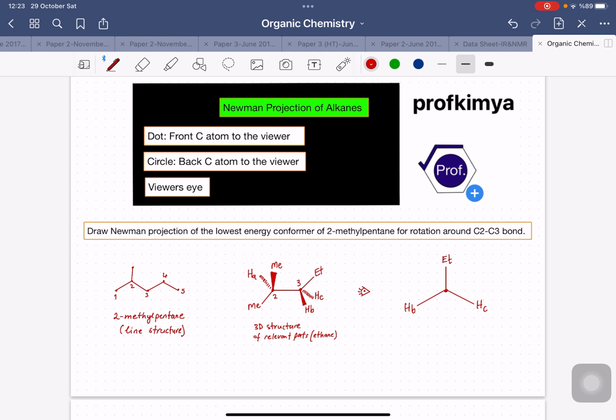Back carbon atom to the viewer. This is the viewer looking at this direction. This is the front carbon, this is the back carbon. Back carbon atom is shown as a circle.